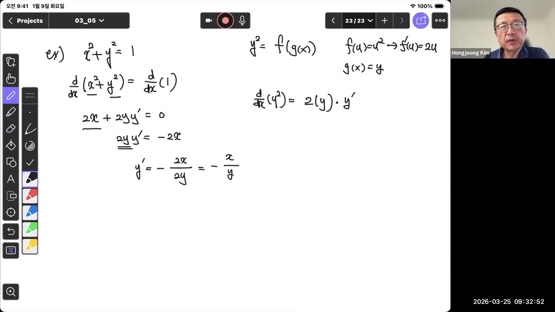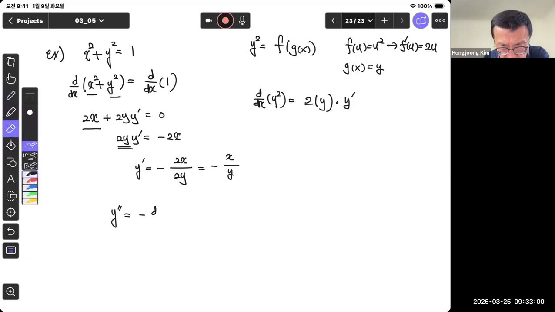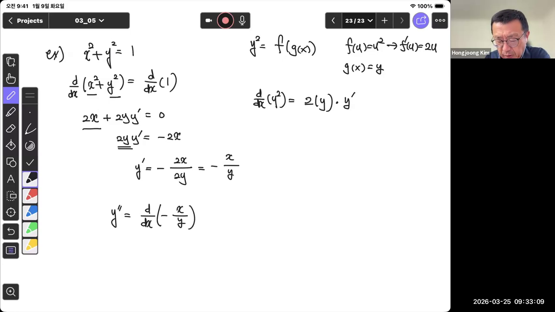Given this, if I want to find the second derivative, then I need to differentiate this negative x over y, or I need to consider the differentiation of x over y.